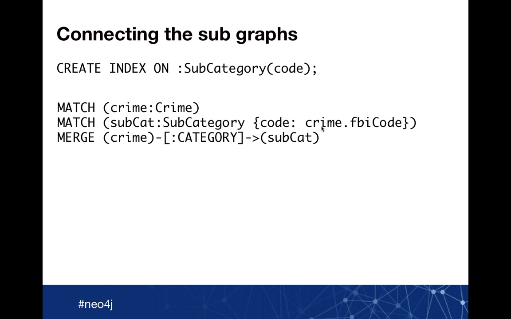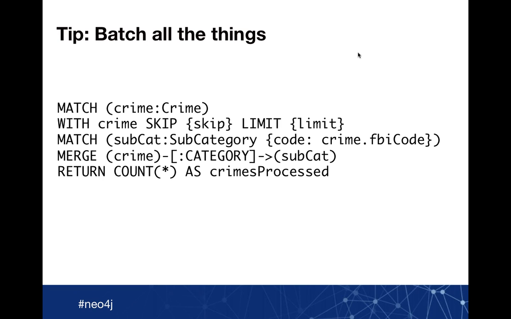Another thing to keep in mind, remember that we've got 4.1 million crimes that we're trying to import. So we probably don't want to do those all in one go. We probably want to batch those up a bit so that the transaction state is not too big. The way we can do that is by making use of the combination of the skip and limit operators.